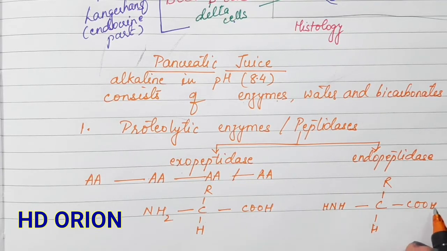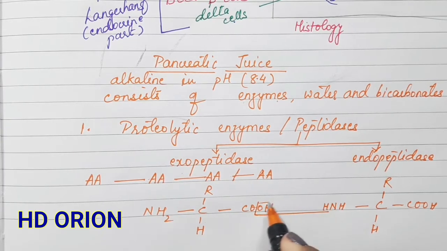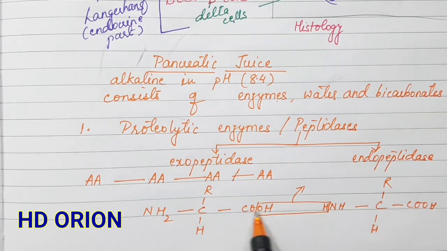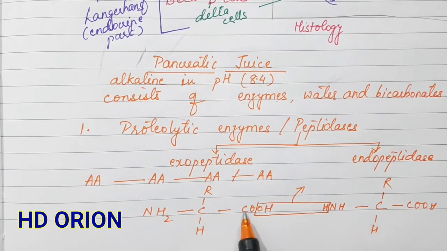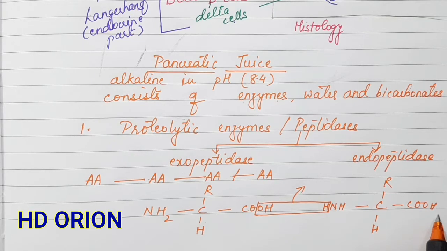So this is another amino acid. So by the removal of one water molecule, that is H2O, this water molecule will be eliminated. What is left? CONH. This CONH is the peptide bond. So this amino acid gets linked with this amino acid by the formation of this CONH, which is known as the peptide bond. In this way, a long chain of amino acids is formed, which we call as a polypeptide chain.